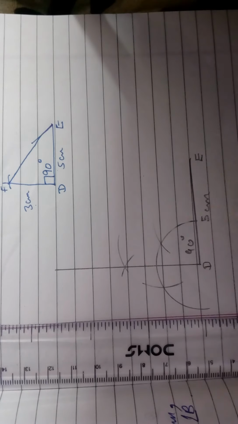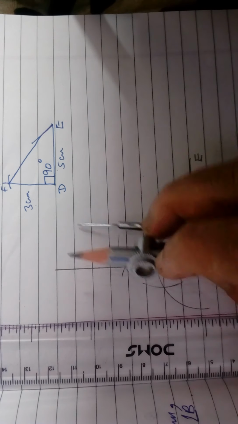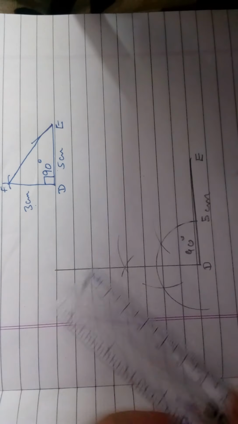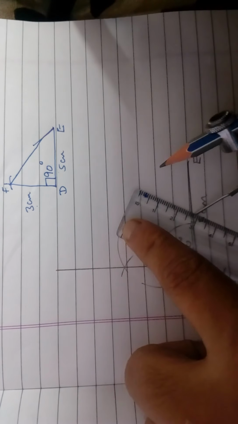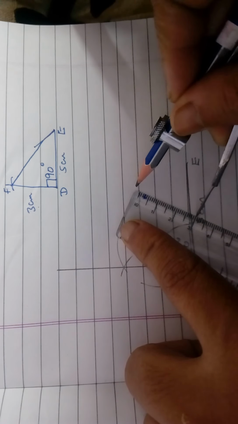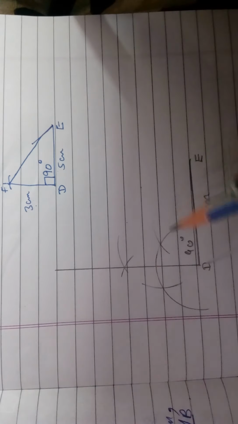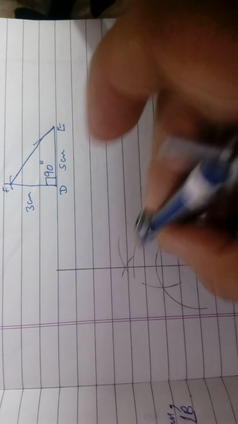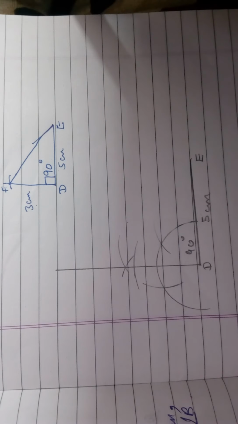This is 90 degrees. Now they have given DF equal to 3 centimeter. So taking radius equal to 3 centimeter, we will open the scale to 3 centimeter. Okay, now D as vertex, draw an arc which will cut this angle of 90 at 3 centimeter.